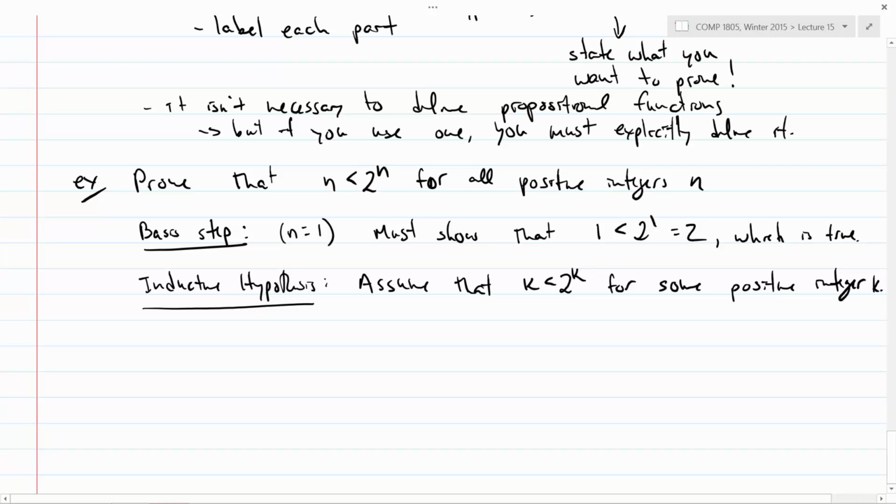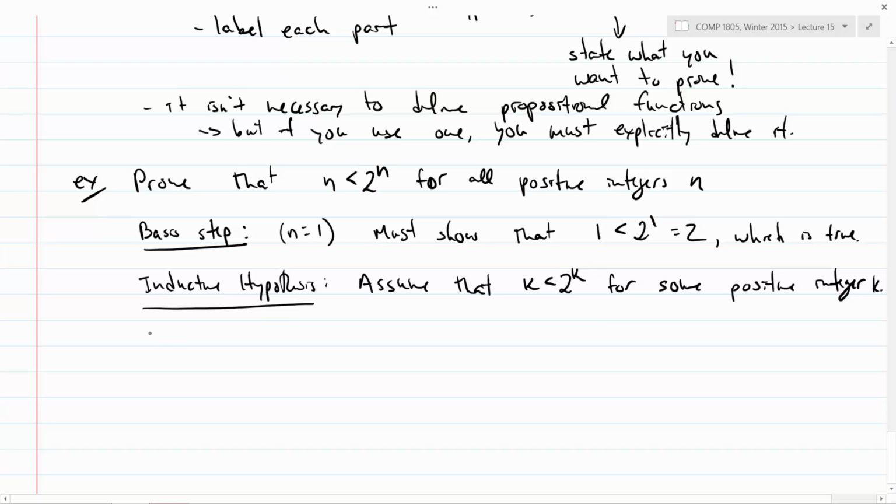What you definitely cannot write is assume that k is less than 2 to the k for all positive integers k, because that's exactly the same as for all k is less than 2 to the k, which is exactly the same as for all n is less than 2 to the n. So it's for some positive integer k. It is not for all positive integers k. I promise that someone will get that wrong. Don't let it be you.